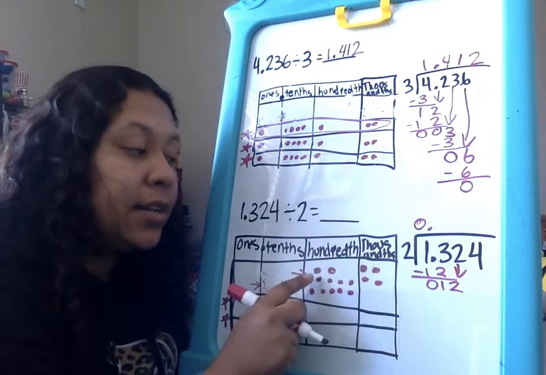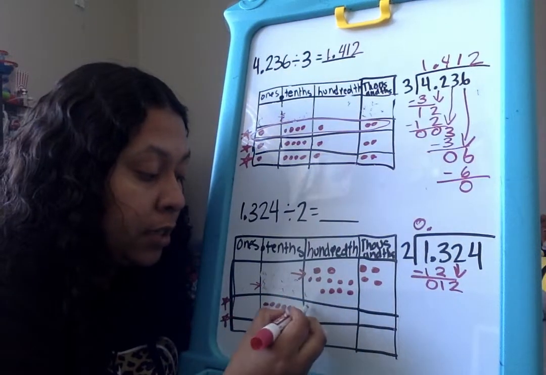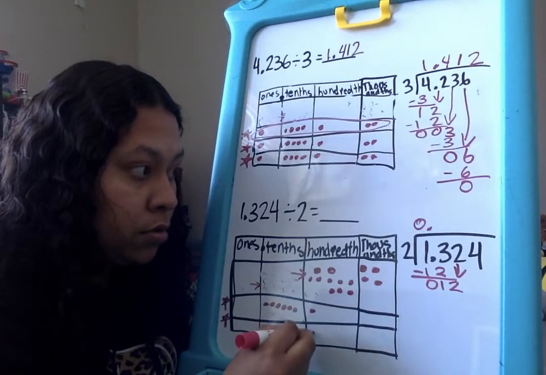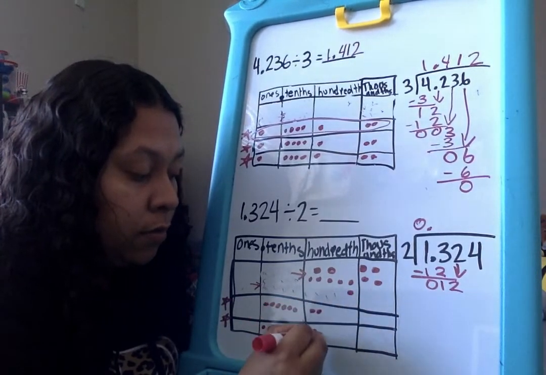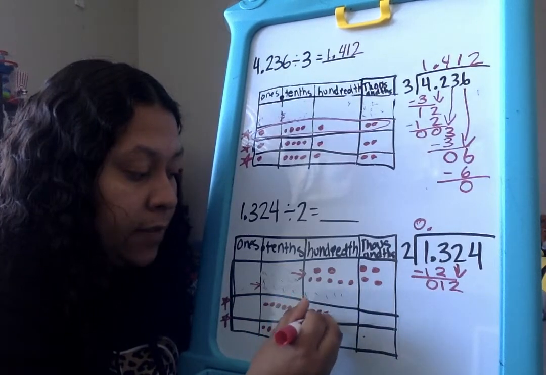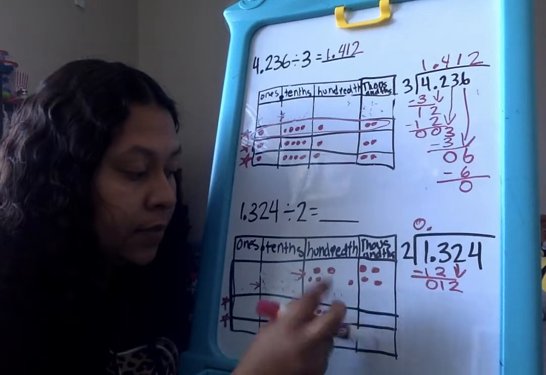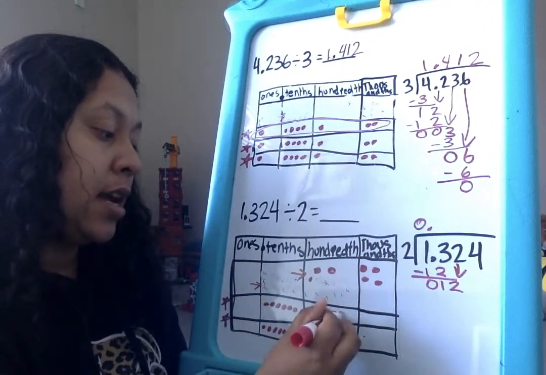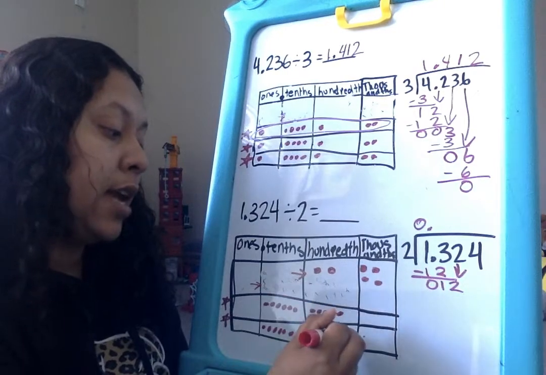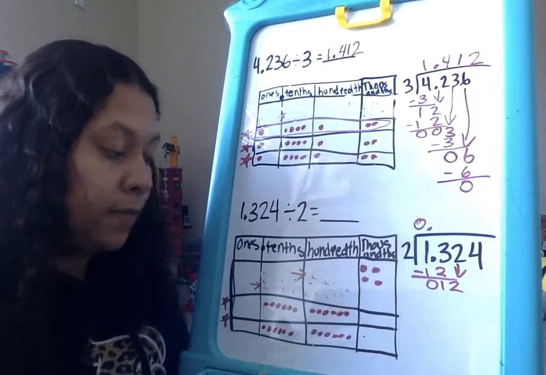So now we're sharing out 12 hundredths equally into two groups. So one at a time. So 1, 2, 3, 4, 5, 6, 7, 8, 9, 10, 11, 12.